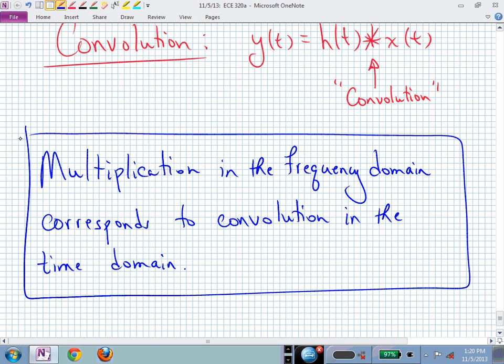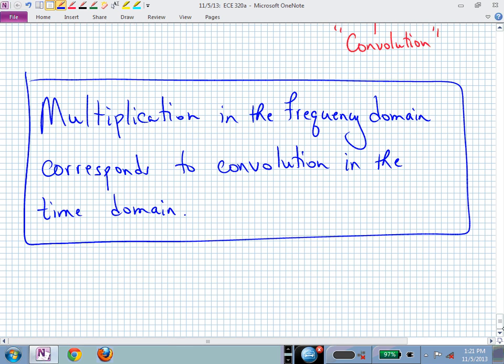And there's actually a duality principle. If you had two signals that were convolved in the frequency domain, that corresponds to two signals that are multiplied in the time domain. So that's an important property.